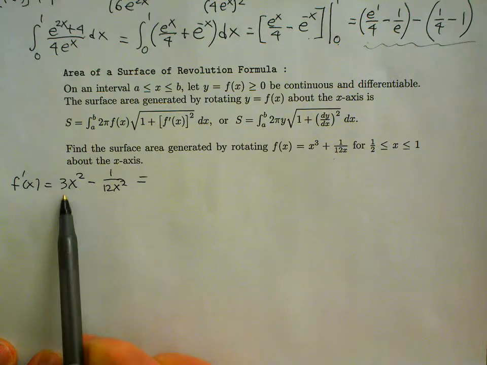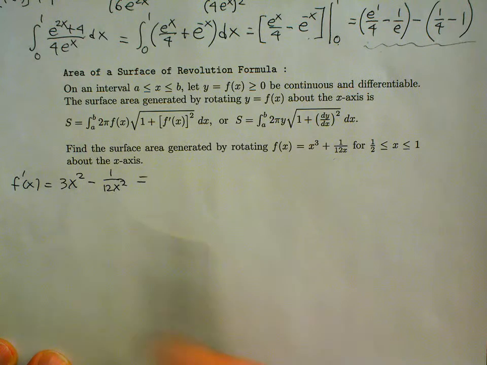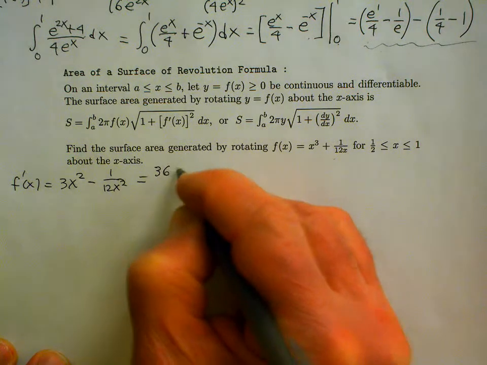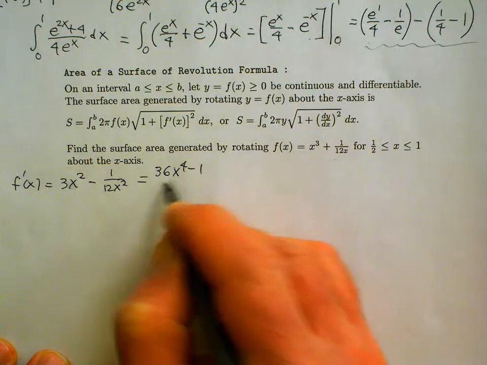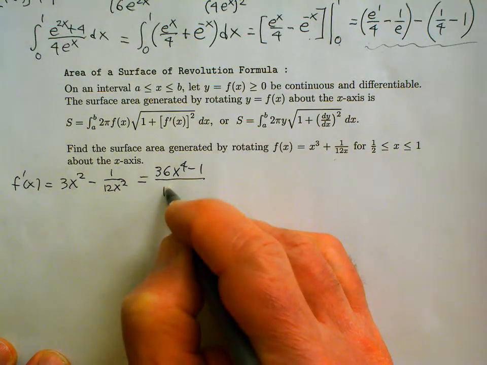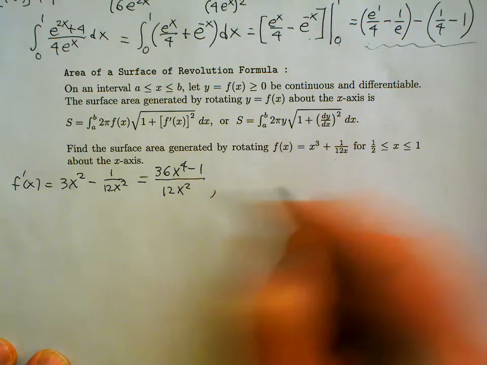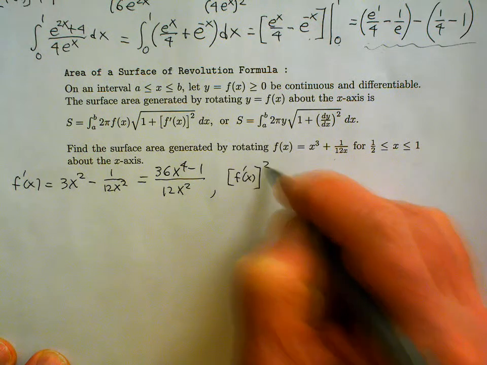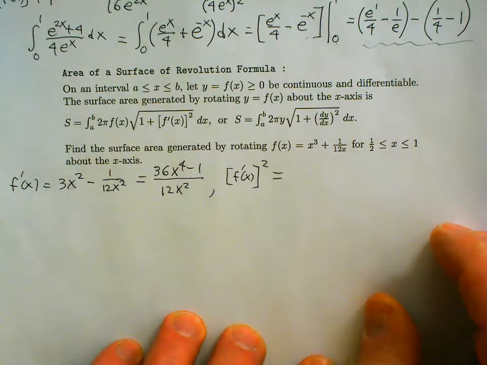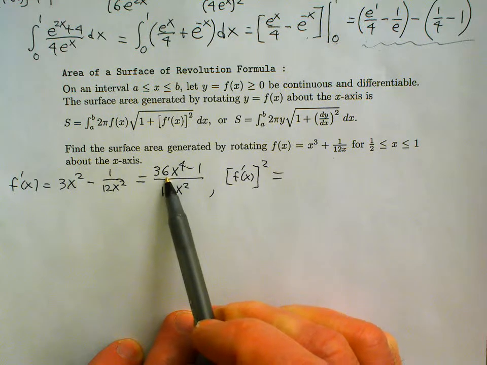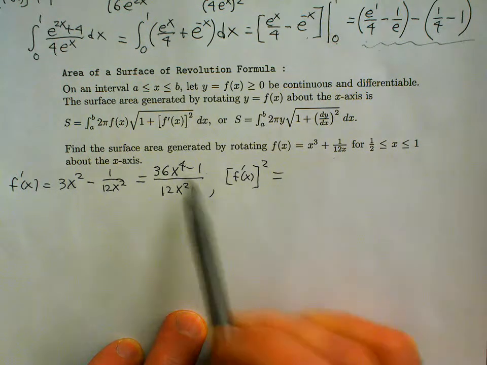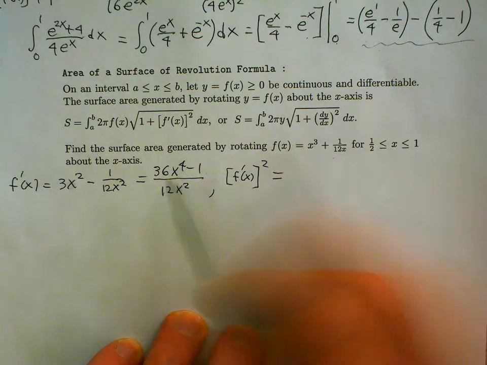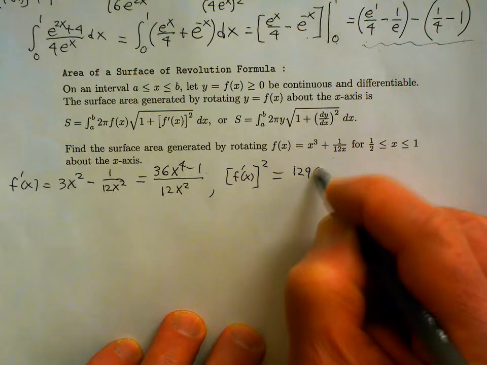If we write this with a common denominator of 12x to the second, we'll get 36x to the fourth minus 1 all over 12x to the second. And then we're going to square this derivative. So when we square 36x to the fourth minus 1, 36x to the fourth quantity squared is 1296x to the eighth.